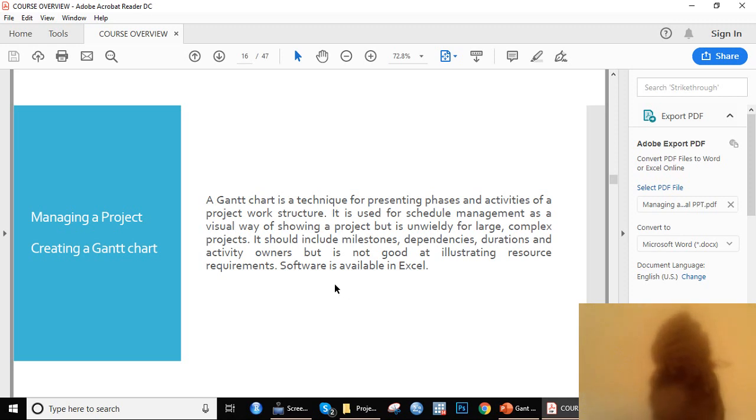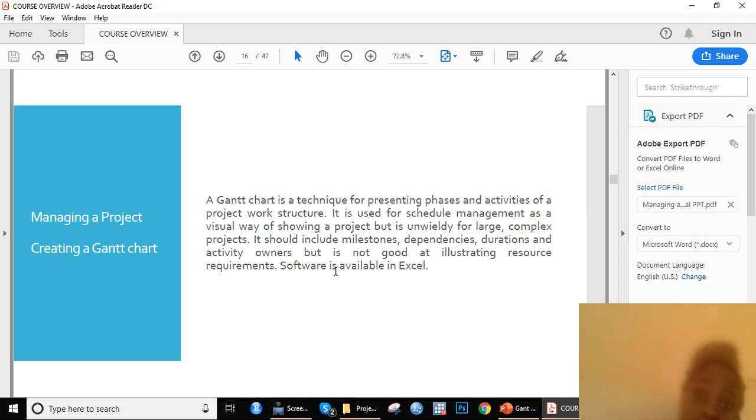So when drawing up a Gantt chart, you have on the vertical axis all the activities that you have outlined that you need to conduct in order to achieve your objectives and your overall goal.